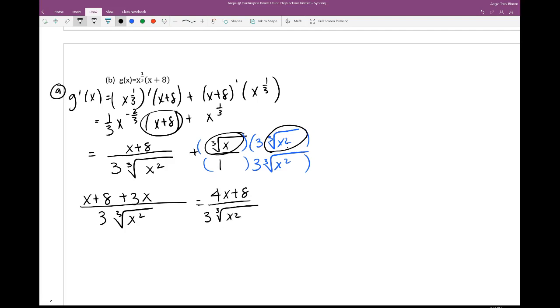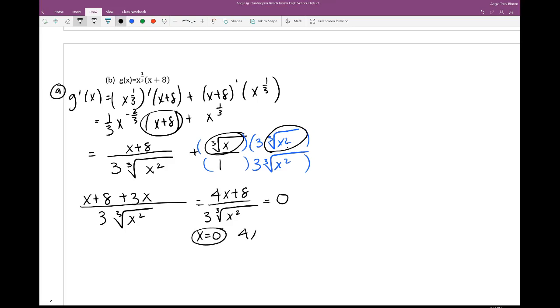I need to find the critical points, so I need to set it equal to 0. The first critical point is right away: the denominator can't be 0, so the first critical point is 0.